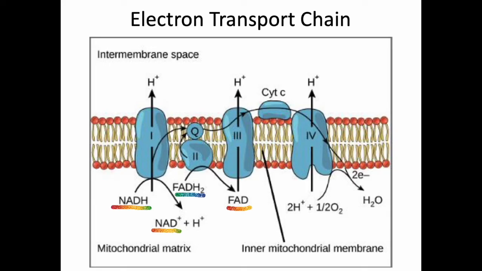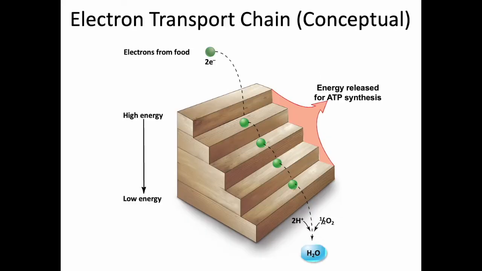But it's not just movement of these electrons. They're not just being passed from carrier to carrier. Their energy is also changing as they're passed along. The best way to think about this is in a conceptual way. The electrons that we have on this NADH and FADH2 are high energy electrons.